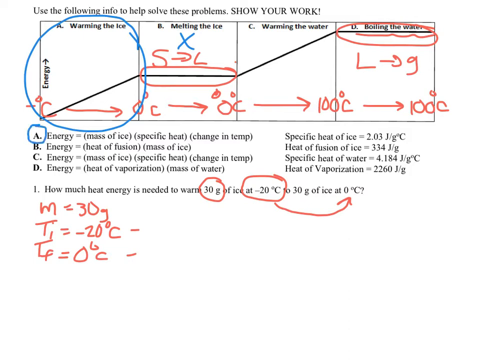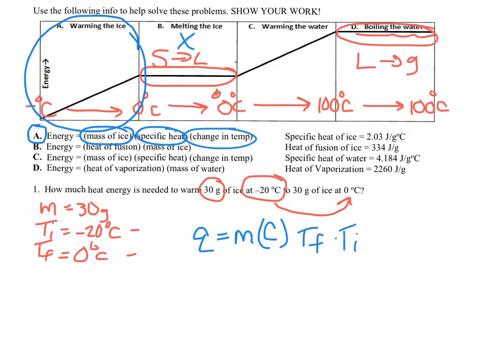And if you look at the A section, it just says that our energy, which is Q, is going to be equal to our mass of ice, times the specific heat of ice, times the change in temperature, which is final minus initial. All right? Now, all we need to do is plug in to figure out how much energy or heat. So we're solving for Q. We have the M value right here. That's 30. The C value that we're looking for right here is just the specific heat of ice.